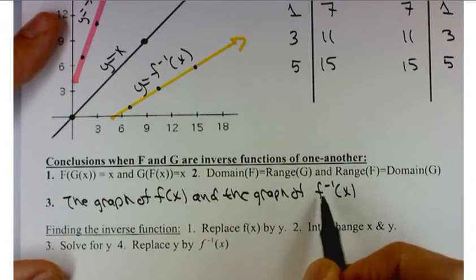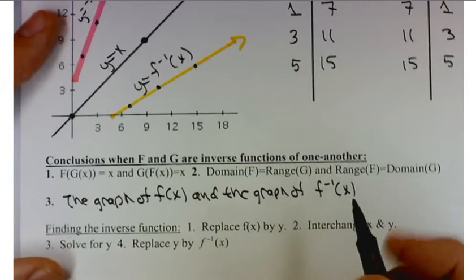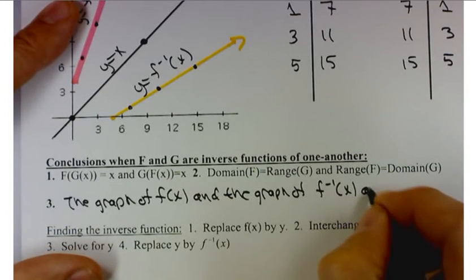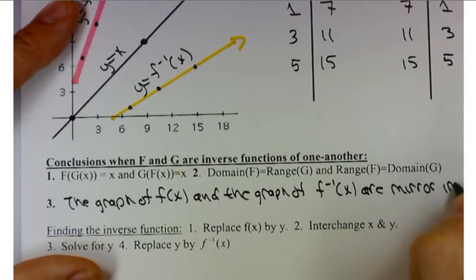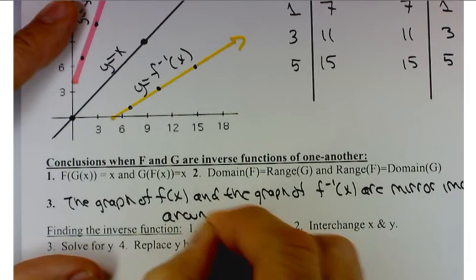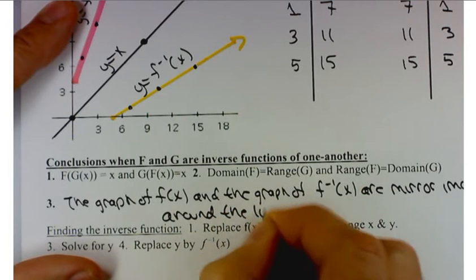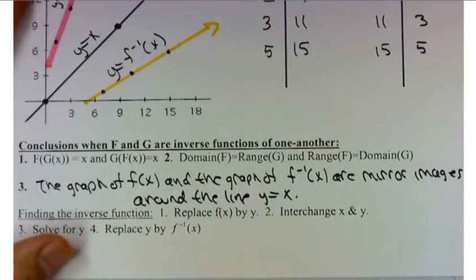Now that negative 1 is between f and the parentheses. Are mirror images around the line y equals x. So one is a mirror image of the other.